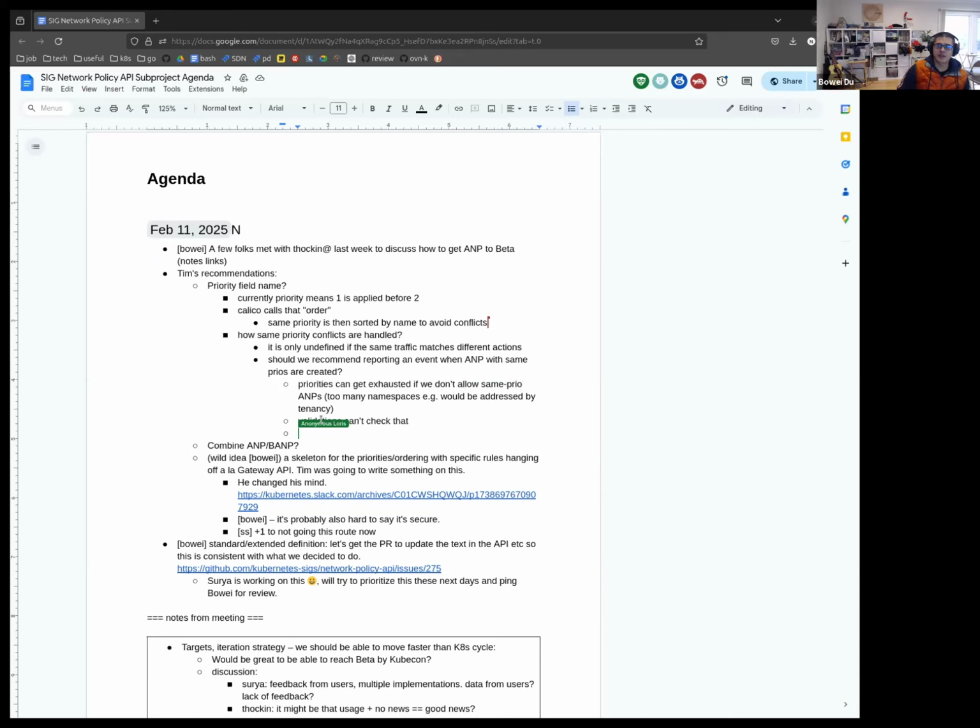Okay, I think I was reading the API and it made it sound like a stronger guarantee than what I'm hearing. At the same time, each policy object has a priority, but then within each policy object, there's both ingress and egress. And that in and of itself is an ordered list.